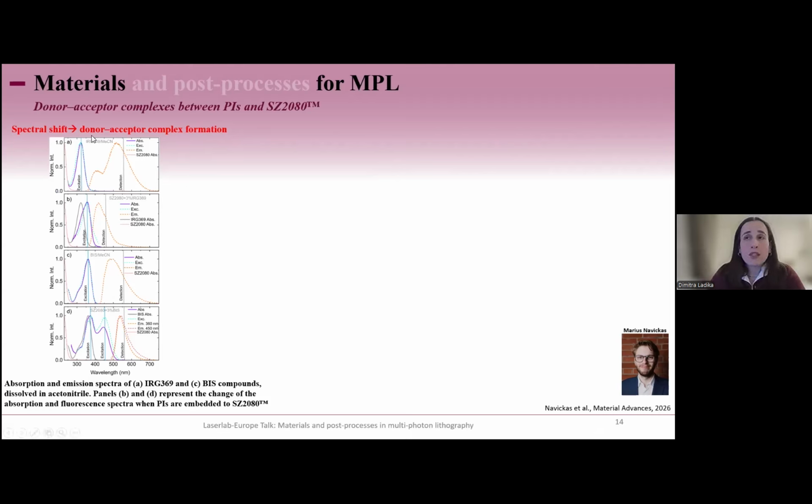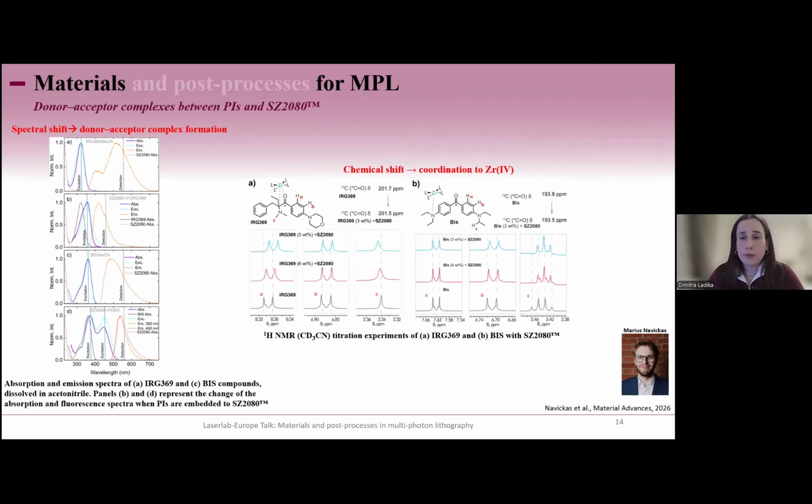Probably we have a donor-acceptor complex formation, and to be sure about it, we had to conduct NMR measurements to prove that there is indeed a chemical interaction taking place. In the NMR measurements we observed a chemical shift of specific protons once the material is mixed with the PI.